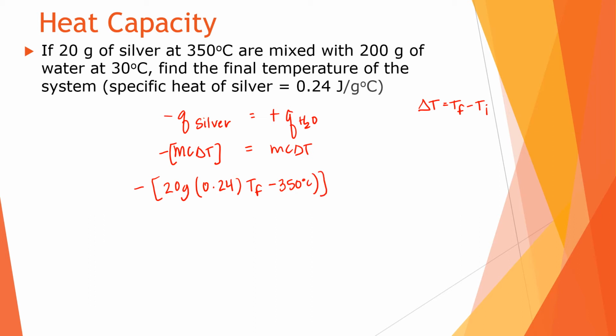Now I'm going to set that equal to, I have 200 grams of water, specific heat is 4.18, and then I don't know the final temperature, but I know it was initially at 30 degrees. So now what I'm going to do is I'm going to multiply these two numbers together.